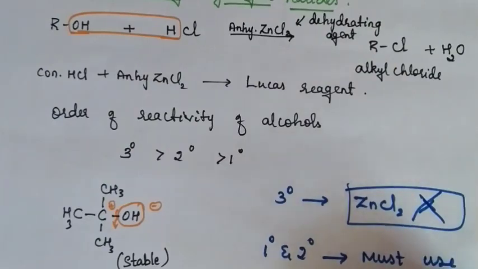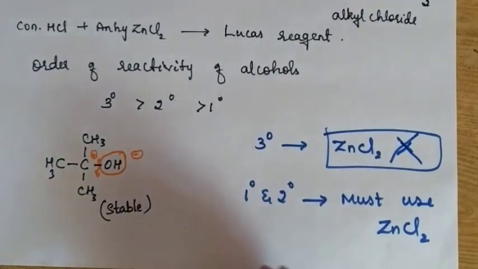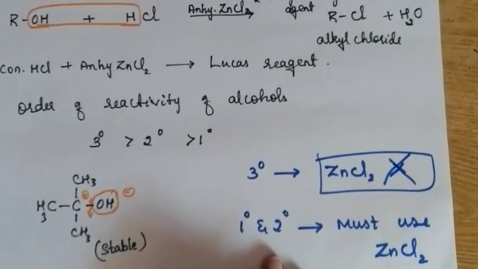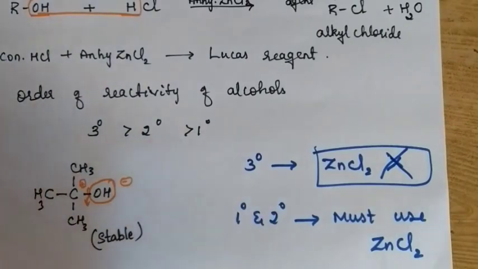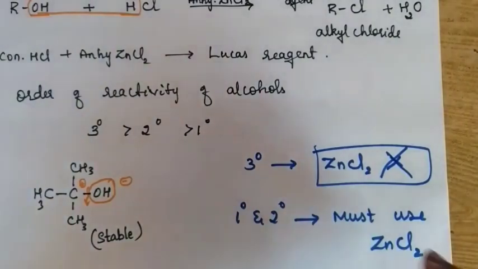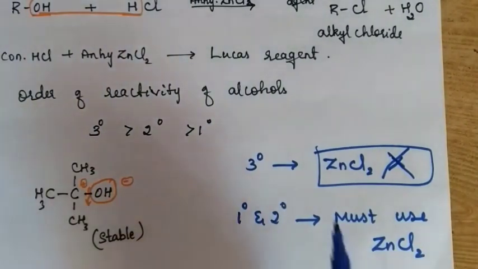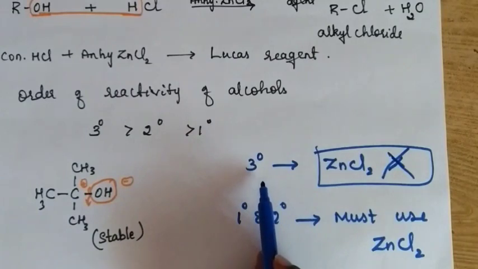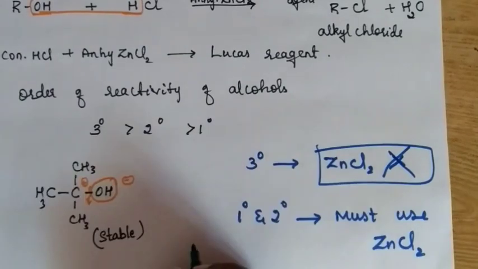If you don't use anhydrous ZnCl2 with primary and secondary, you are not going to get the product, because primary and secondary alcohols do not form a stable carbocation like tertiary. So you must provide an extra reagent so that the reaction can take place. For tertiary, just by shaking, you get the product. For primary and secondary, you must use anhydrous ZnCl2 as a catalyst and dehydrating agent.